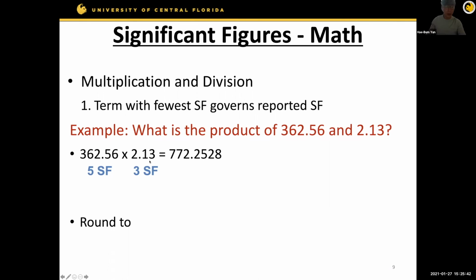The first one has 5 significant figures, and the second has 3 significant figures. As a multiplication, we have this number, but we need to report it with the right significant figures, which is the smallest one, 3 significant figures. So this should be changed to 3, which is 772.